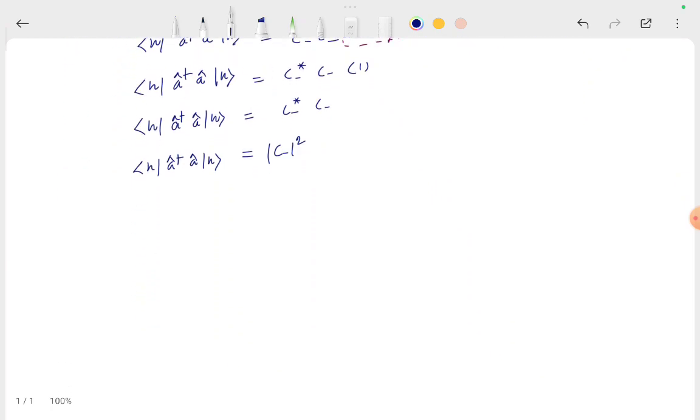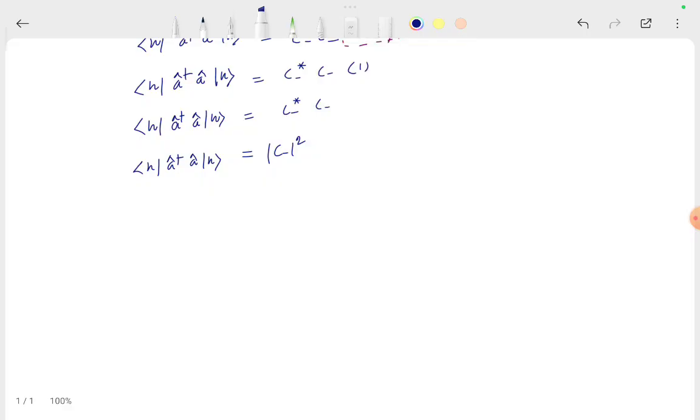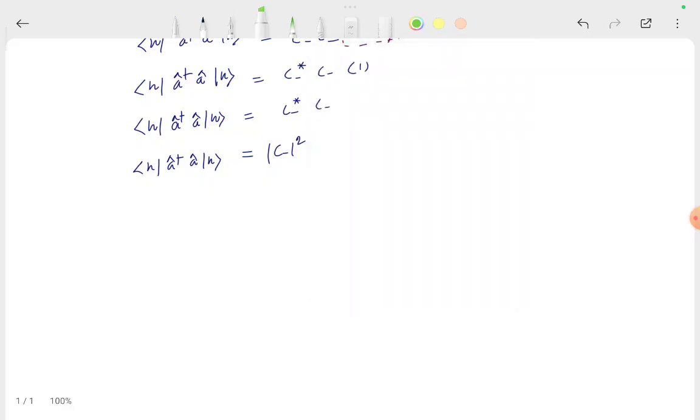Now we already know that a cap acting on ket n has the eigenvalue n and its eigenstate will be n. In the previous class we already discussed that.